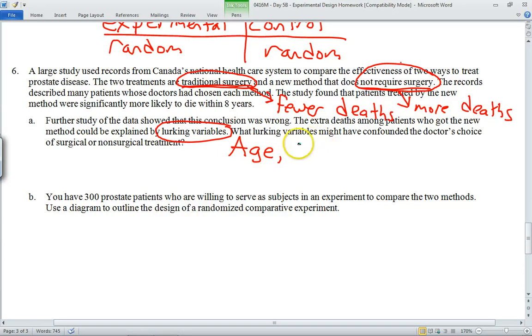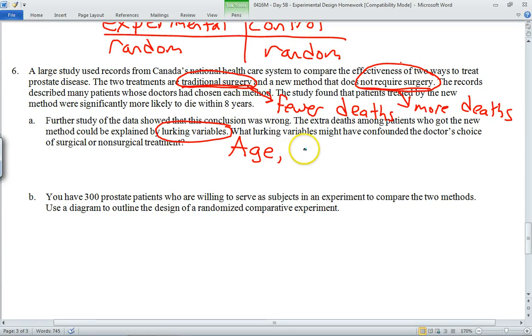Similarly to the age thing, the key about the age is if you're significantly older, it makes you more fragile, more vulnerable, and more likely to have complications and die. So also the state of your disease.